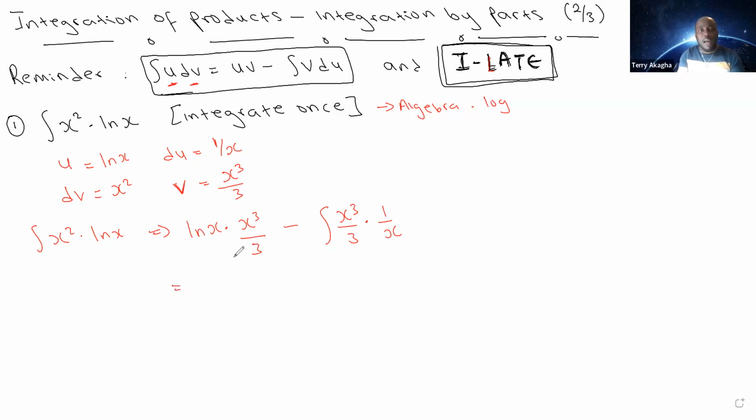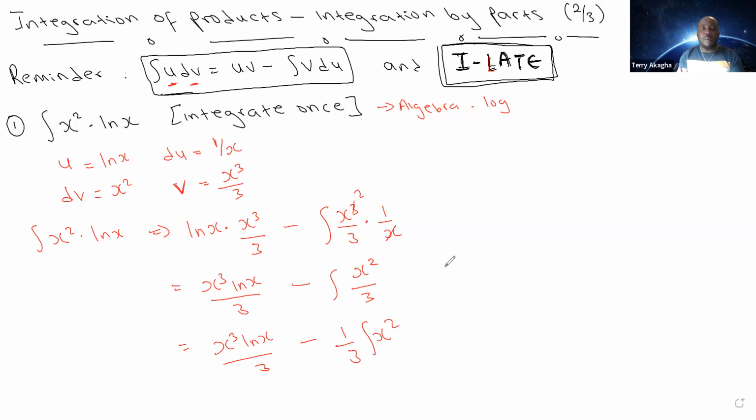This is the same thing as saying x cubed ln x over 3 minus, now this x is going to cancel this, and we remain with the integral of x squared over 3. Now, we bring the constant out, so we have x cubed ln x over 3 minus 1 over 3 times the integral of x squared.